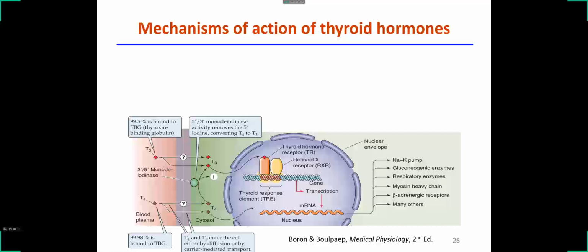So what is this retinoid X receptor complex that we're talking about here with the thyroid hormone? The thyroid hormone receptors regulate gene expression by binding to this hormone response element, this TRE, on DNA, and they do this by binding either as monomers or heterodimers with this retinoid X receptor.